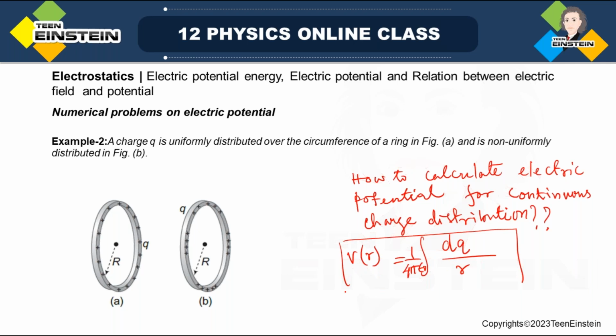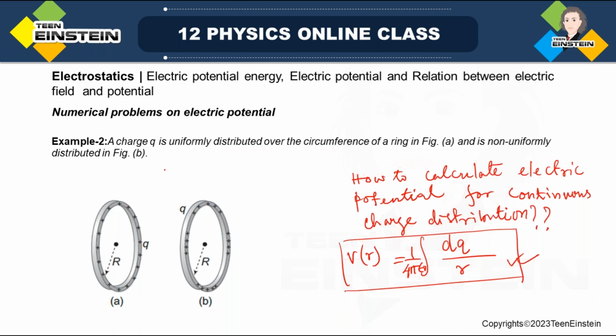This is the formula we have to use. So dq is the elementary charge, and then you have to integrate with the proper limit. We will just use this to calculate electric potential for a charged ring.